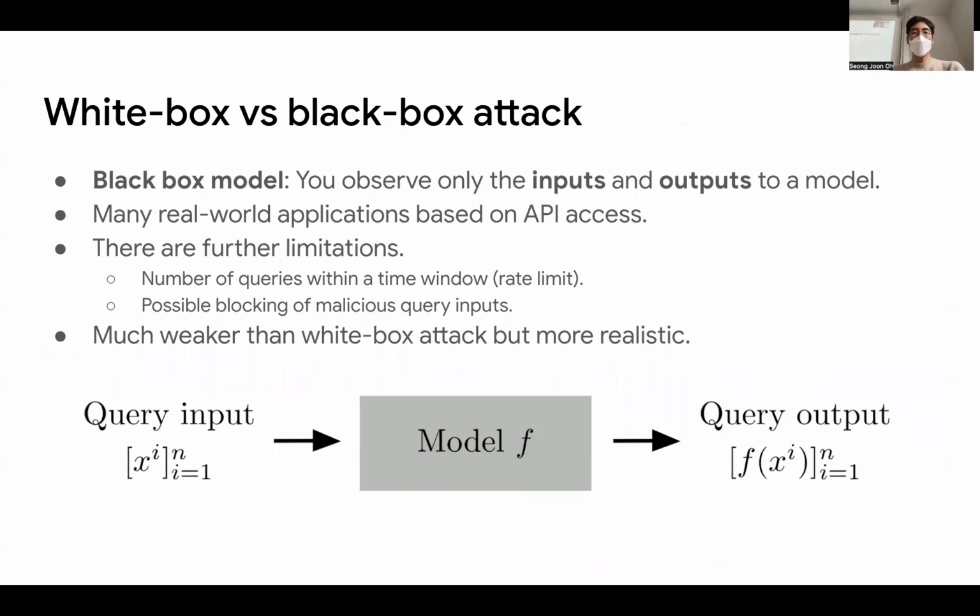So for that reason, people are also looking into black box attacks rather than white box. The condition for black box model is that you can only observe the inputs and outputs to a model. And this is actually fairly realistic because many real world applications are based on API access. You give an input to the model and then you take the output from the model. Of course, there are some realistic limitations for the adversary, which is the number of queries that you can send to this model, called the rate limit.